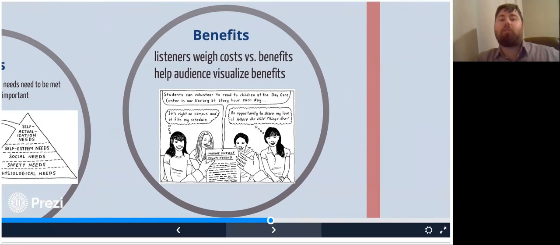And then benefits: listeners weigh the costs and benefits, so you want to help audiences visualize benefits. I saw an article recently about people who were out there when COVID-19 was developing, when they were being told to social distance and to not get together, and they didn't take it seriously.